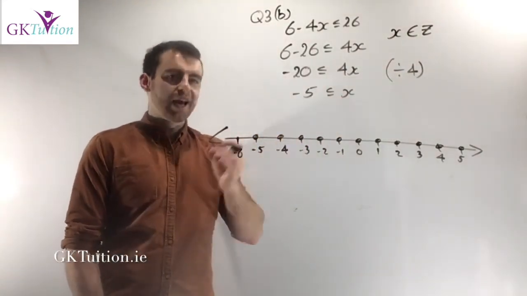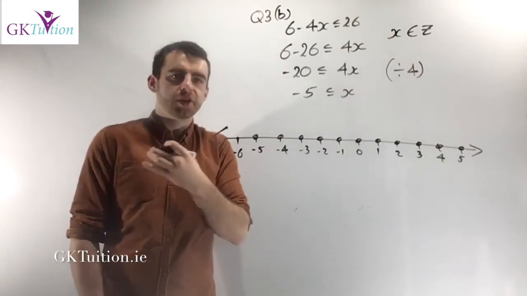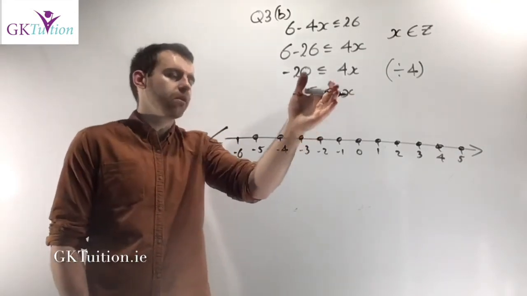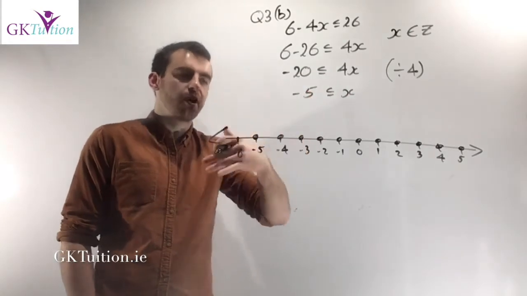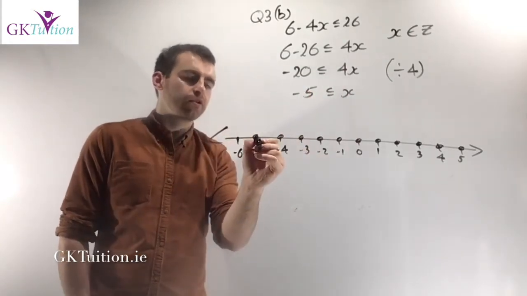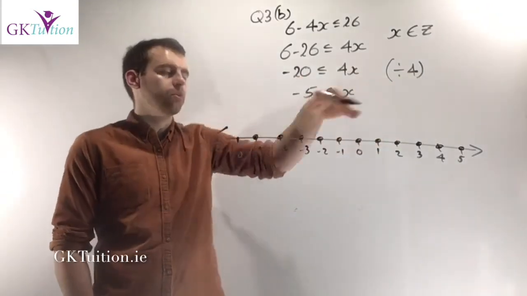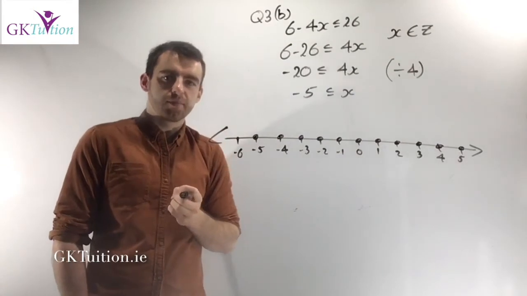So it's telling you that x is an integer, or in other words, integers are whole numbers, all whole numbers, positive or negative. So x is greater than or equal to all the whole numbers from minus 5 going up. So to fill in your number line, you had to mark in minus 5 and then all the numbers bigger than minus 5. And that's what will give you the marks for question 3 part B.